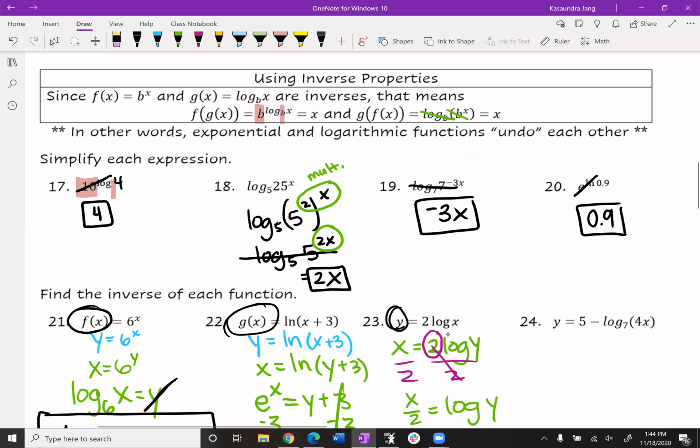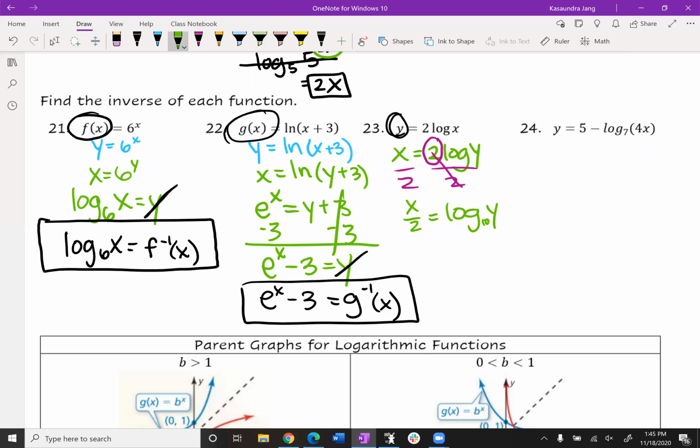How do I turn it into exponential format? My inverse function, I'm basically going to rewrite this function in exponential form. 10 to the, like this one was e right here, raised to the x that was on the other side.